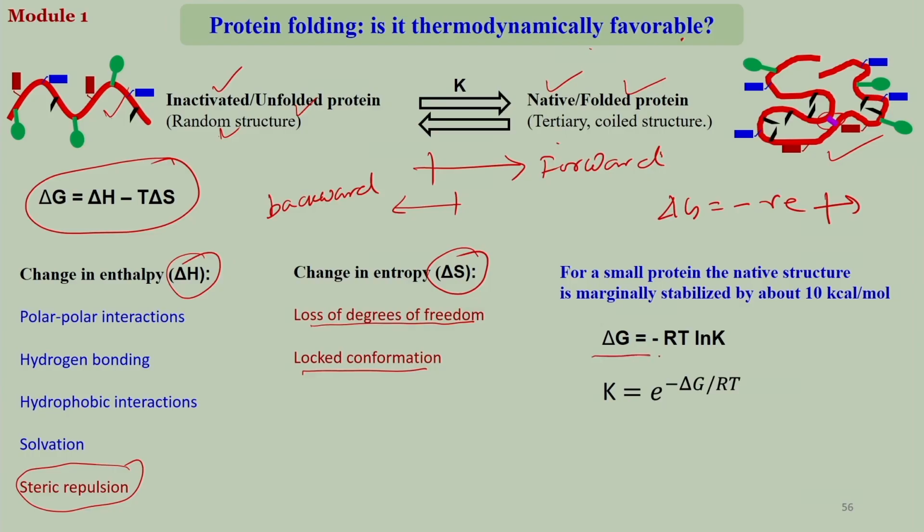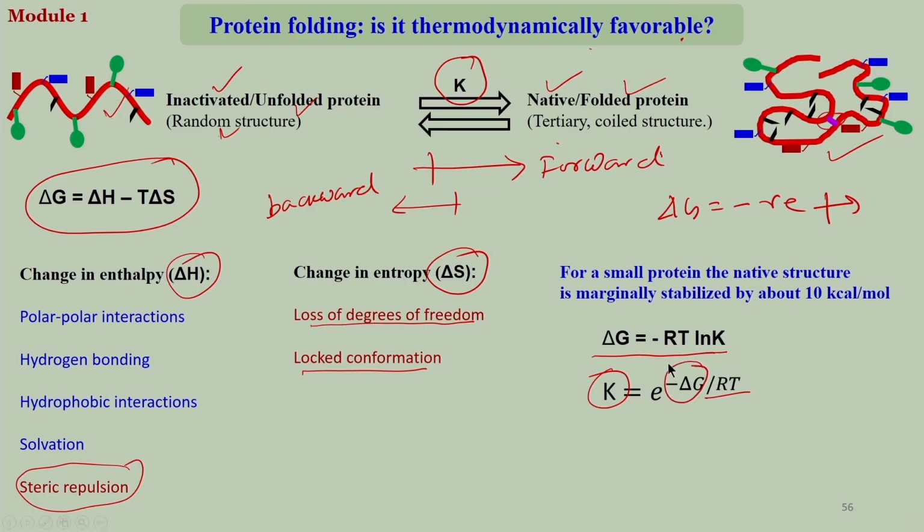Now, delta G equals minus RT ln K if you want to calculate the equilibrium constant K of this process. So, K is the equilibrium constant, K equals e to the power minus delta G by RT. R is fixed, T is fixed, because we are doing the reaction at room temperature, at a fixed temperature.